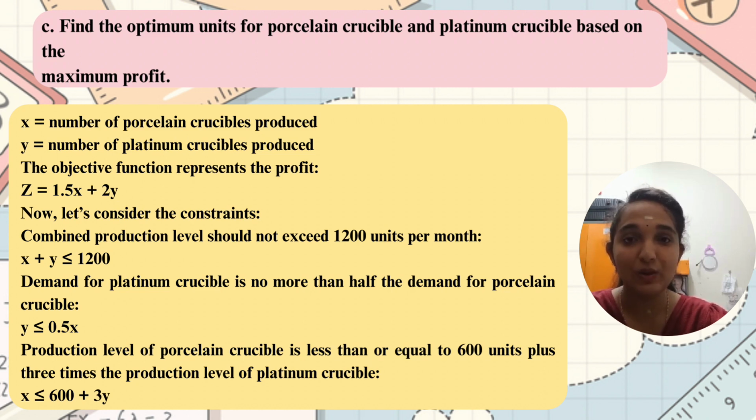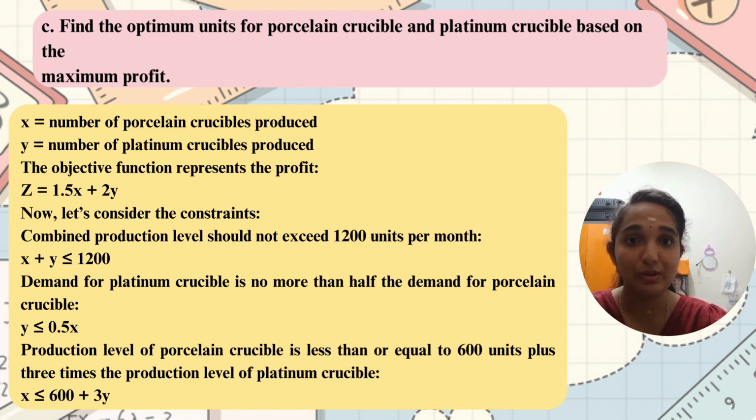Now let's consider the constraints. Combined production level should not exceed 1,200 units per month: X plus Y less than or equal to 1200. Demand for platinum crucible is no more than half the demand for porcelain crucibles: Y less than or equal to 0.5x.